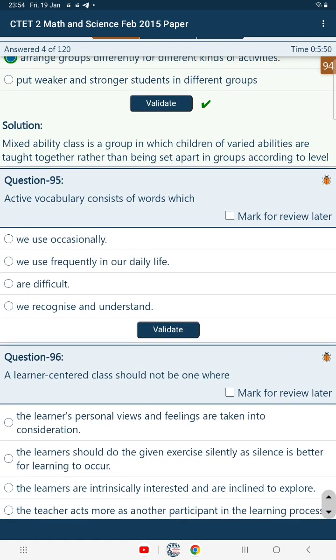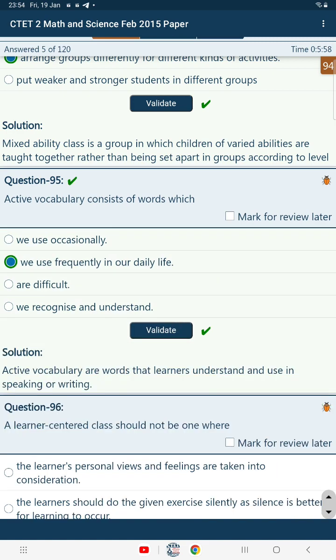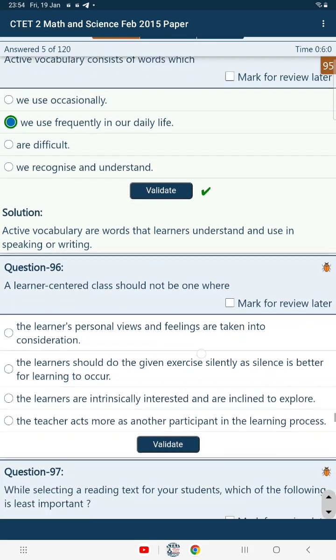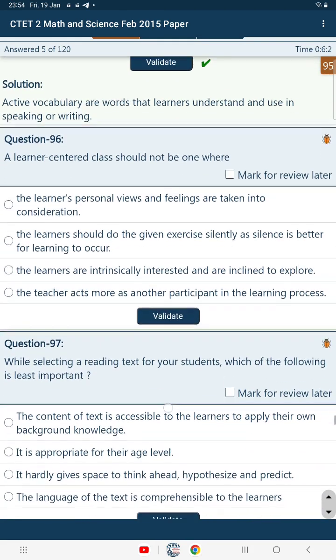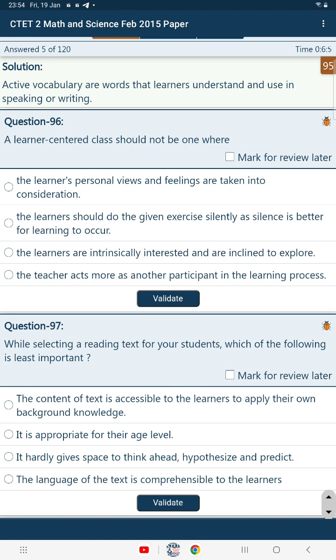Active vocabulary consists of words that we use frequently in daily life, which are different from occasional words. Active vocabulary are words that learners understand and use in speaking or writing. A learner-centered class should not be one where a learner's personal views and feelings are taken into consideration. The learner should do the given exercise silently, as silence is better for learning to occur.